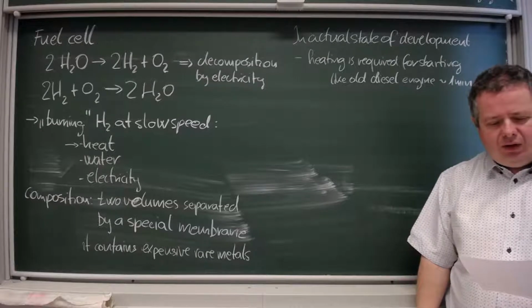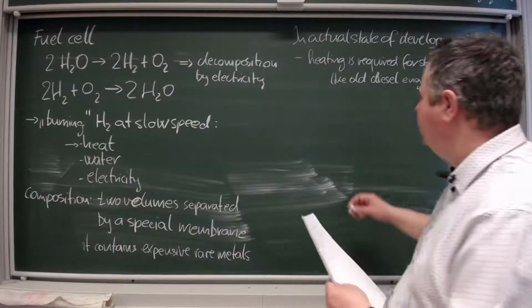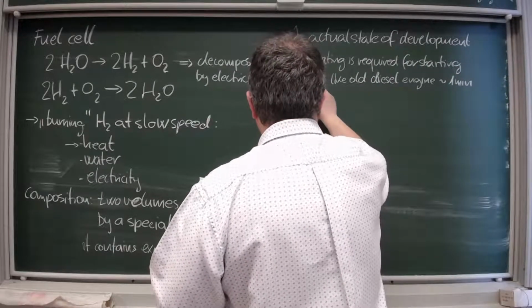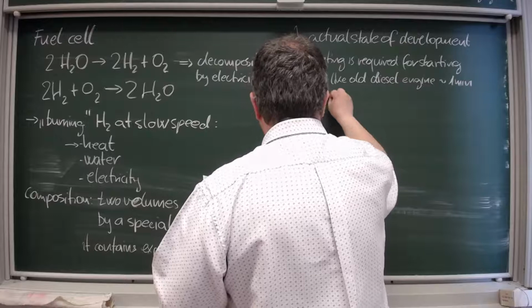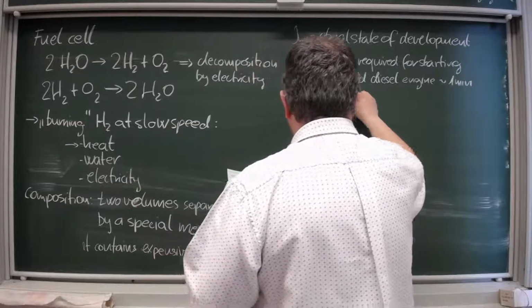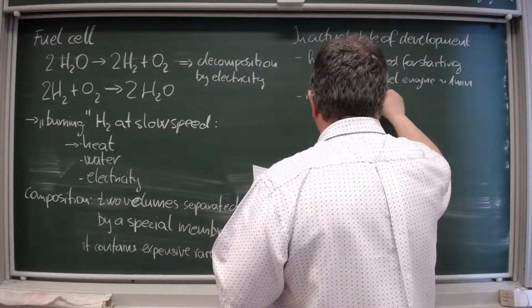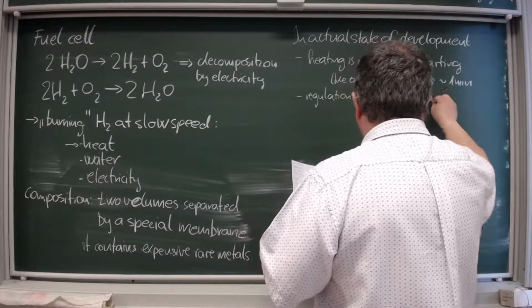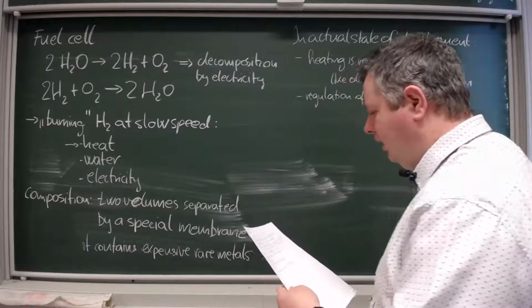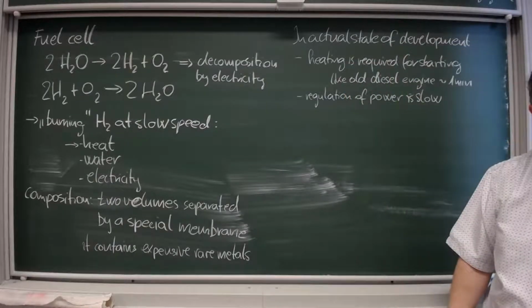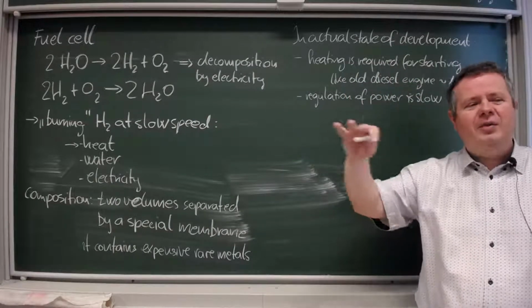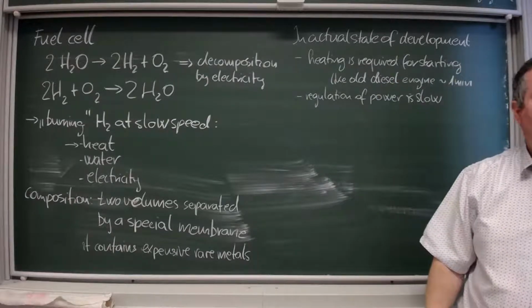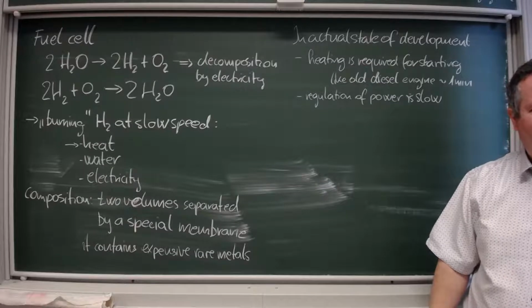And also regulation of power is slow. Again, I can say like an old large diesel engine, it works at a given RPM, and if you want to change it either down or up a bit, it takes time to get a new RPM.